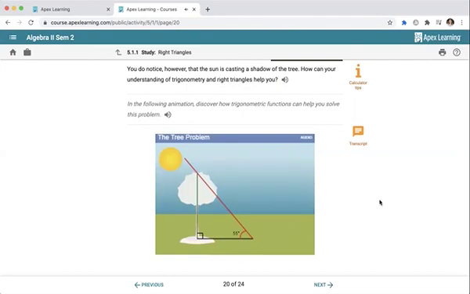You measure the distance from the tip of the shadow to the bottom of the tree to be 20 feet. Remember that you are trying to find the height of the tree, so call that x. Since tangent is defined as side opposite over side adjacent, you see that tangent of 55 degrees is x over 20. Use your calculator to approximate tangent of 55 degrees and then solve for x. In the end, you find that the tree is roughly 28.6 feet tall.